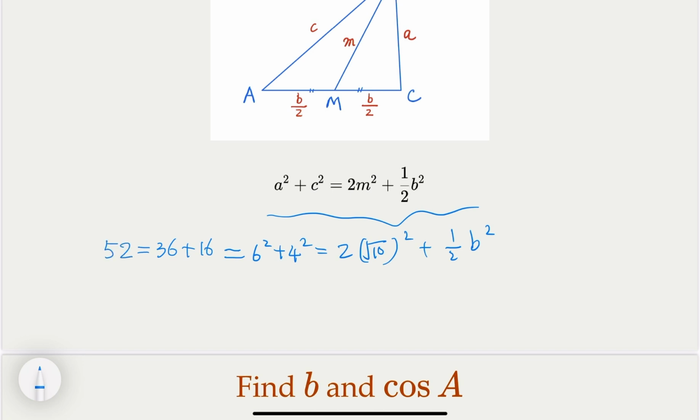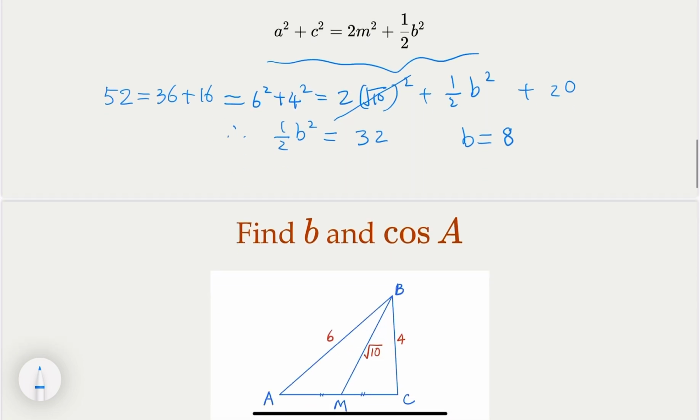And the square root of 10 squared is 10, times 2 would be 20. So we have 52 equals 20 plus half of b squared, so half of b squared equals 32. So b squared equals 64, so b equals 8.